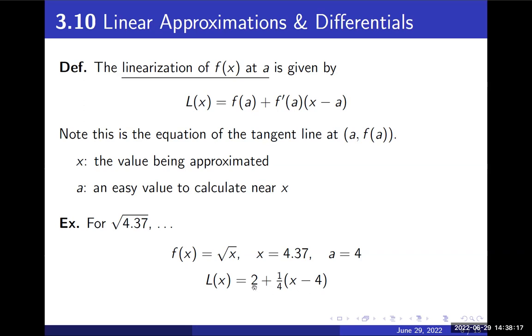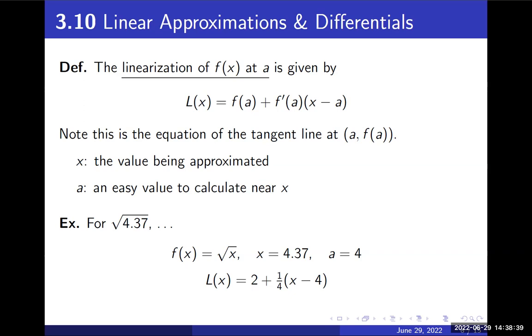The 2, well, that's f of 4, f of a, plug a into your function. Plus 1/4, that was the derivative value of our function at 4, turned out to be 1/4. And then finally, times the quantity x minus 4, just putting the a in right there.